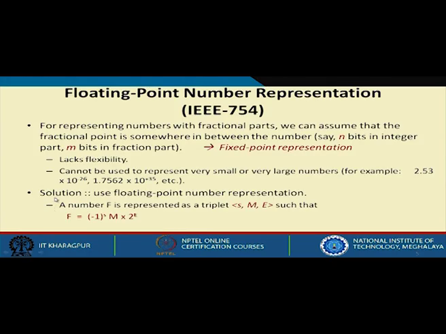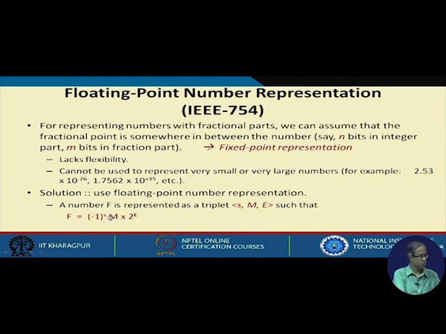So, what is the solution? Solution is to use the so called floating point number representation. Here a number f is represented as a triplet s, m and e, where the value of the number is minus 1 to the power s, m multiplied by 2 to the power e. So, m is some sort of a magnitude, 2 to the power e is a multiplier and s actually represents the sign.